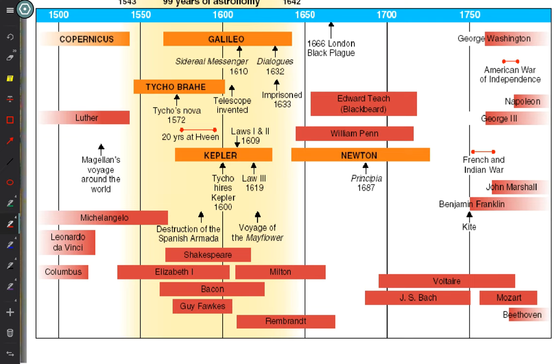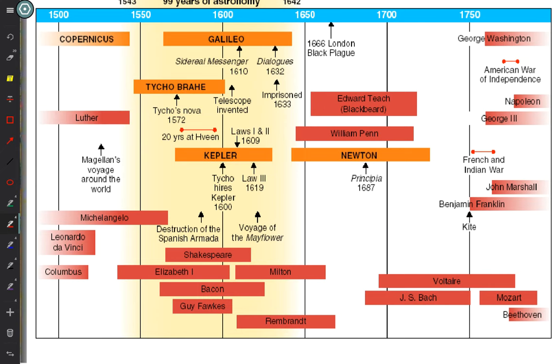And you see Copernicus popularized again the heliocentric model, but people didn't accept it. And then we have Tycho Brahe, who essentially was born right after Copernicus died. Now, Tycho was not pushing a heliocentric model, a model with things going around the sun, but he hired Johannes Kepler.